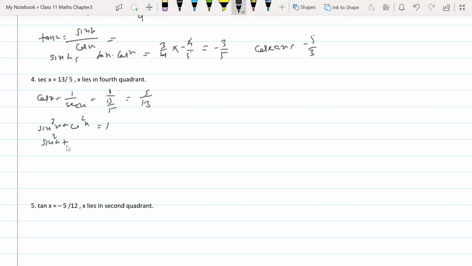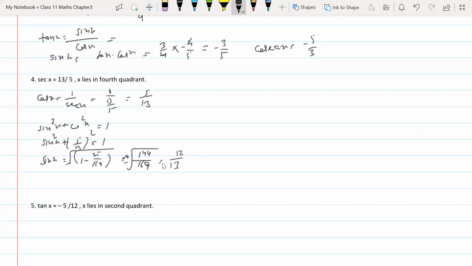Sin square x plus 5 by 13 square is equal to 1, and sin square x is equal to 1 minus 25 by 169, and it comes out to be 144 divided by 169, and sin x is 12 by 13.